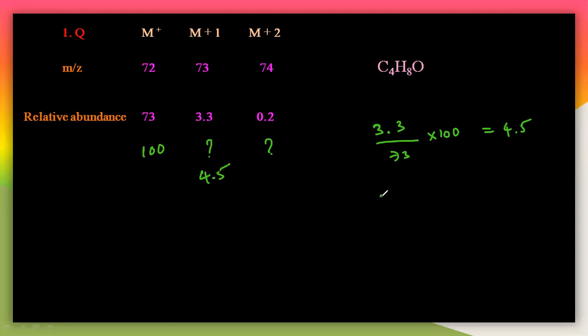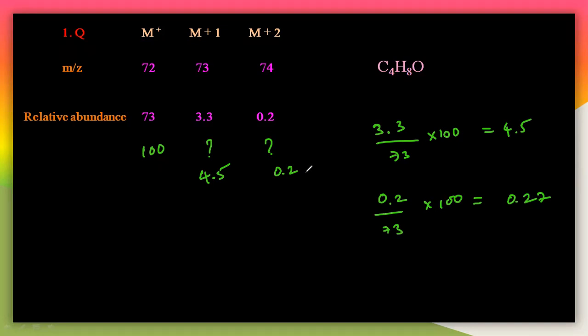And if you take this one, that is 0.2 by 73, the total being 73 here, and you also multiply this. So you will get 0.2 divided by 73 into 100. You will get the value 0.27. So this 0.2 becomes 0.27.